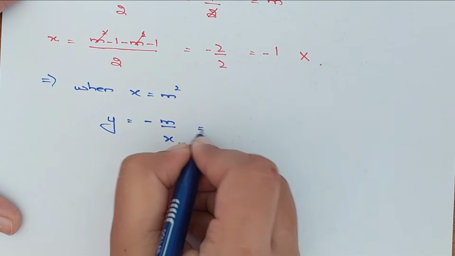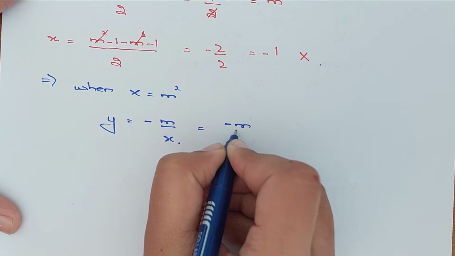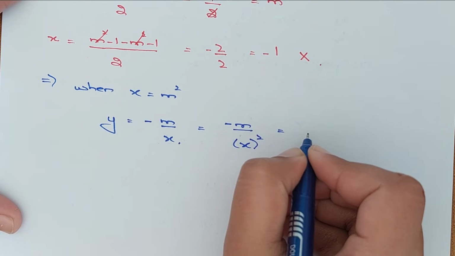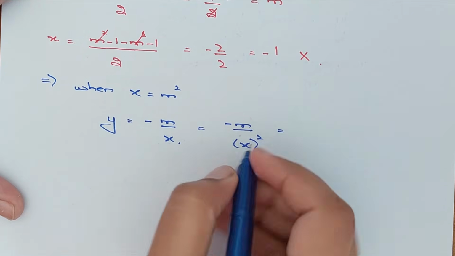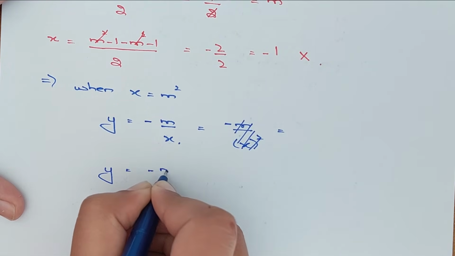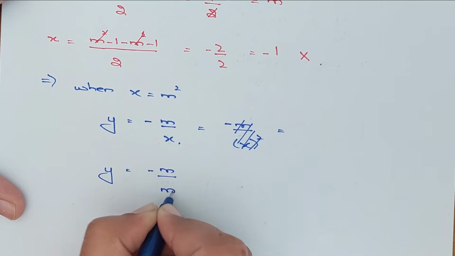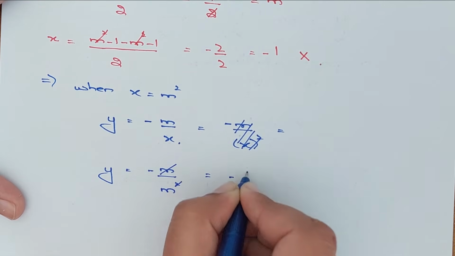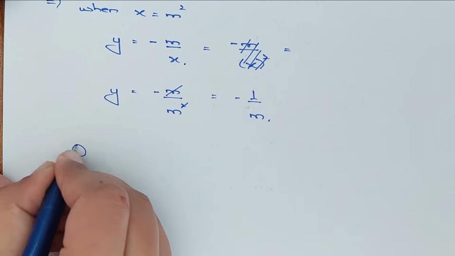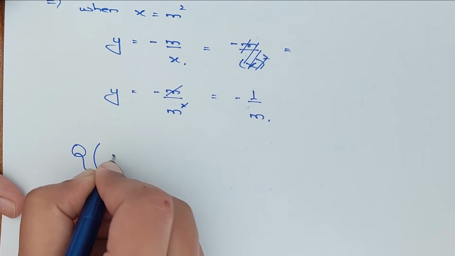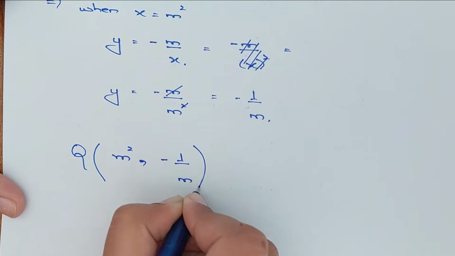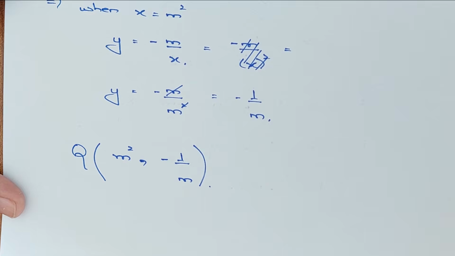So just substitute the value, minus m over x, sorry, this is m squared. y equals minus m and the x value is m squared. So m is cancelled with this m, so minus 1 over m. So we can say the coordinates of Q in terms of m: the x coordinate is m squared and the y coordinate is minus 1 over m. Right. So that was the last question of our paper.